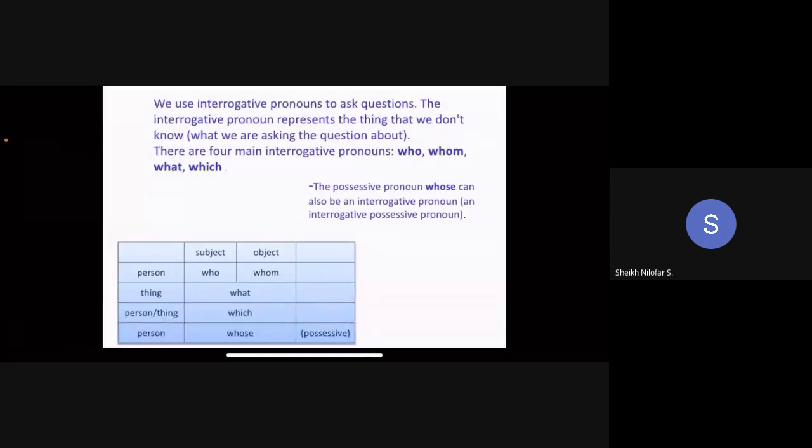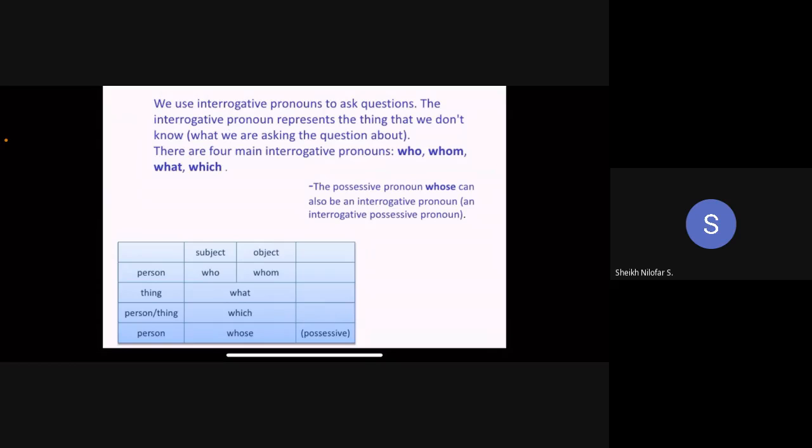There are four main interrogative pronouns: who, whom, what, which. The possessive pronoun, whose, can also be an interrogative pronoun.